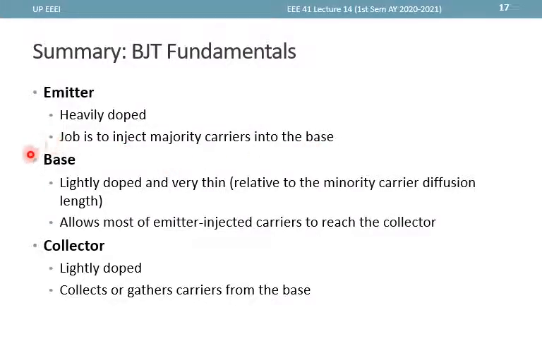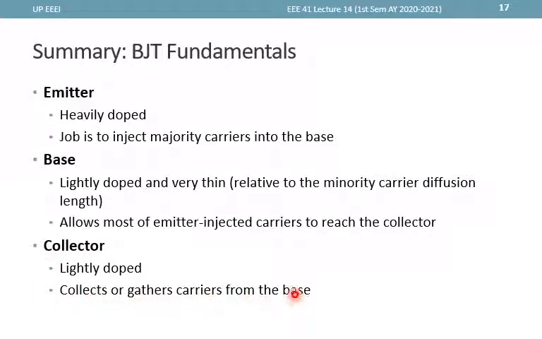Now, the base is a lightly doped portion of the device and ideally very thin relative to the minority carrier diffusion length to minimize the amount of recombination that happens within the base. And with that, it allows most of the emitter injected carriers to reach the collector. The collector is a lightly doped region and it collects or gathers the carriers from the base.